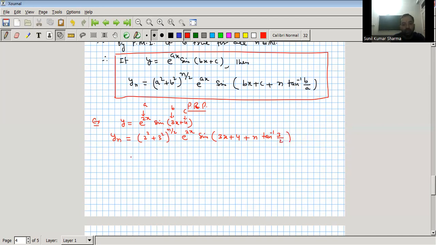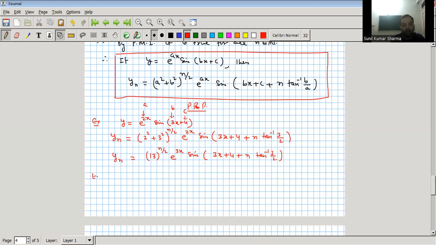So 2 square is 4, 3 square is 9, so 13 to the power n by 2, e to the power 2x, sin (3x plus 4 plus n tan inverse 3 by 2). So in this way we can directly write yn.